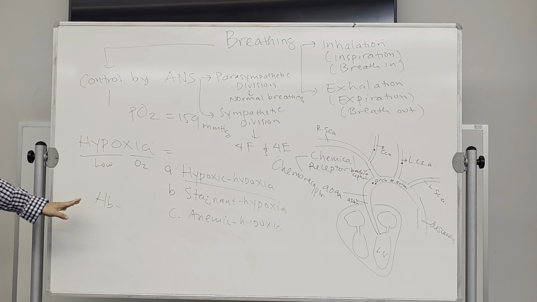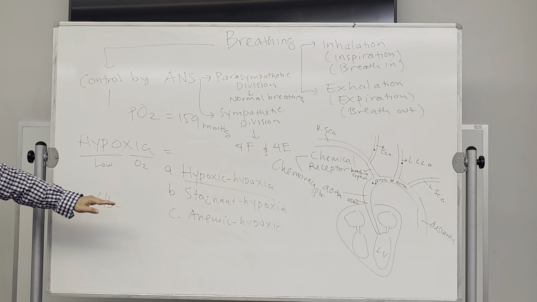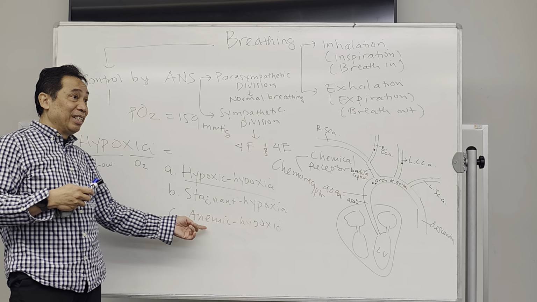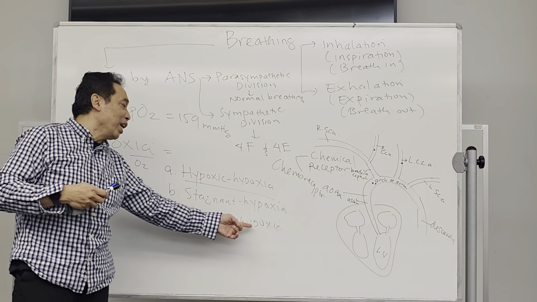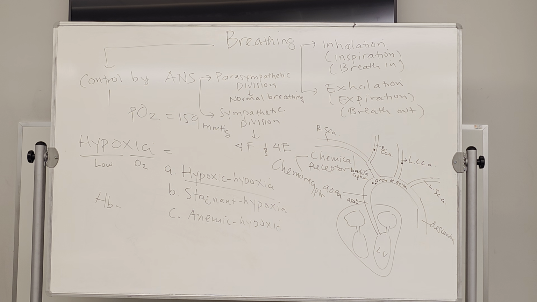When we have a problem with this hemoglobin concentration, so normally if you are male, it has to be around 14 to 16 when you measure the hemoglobin concentration. But sometimes we maybe have low hemoglobin. Then we have what is called anemia, right? The anemia. The reason why this condition is called the anemic hypoxia, where our hemoglobin cannot carry, or we have low concentrations of hemoglobin.